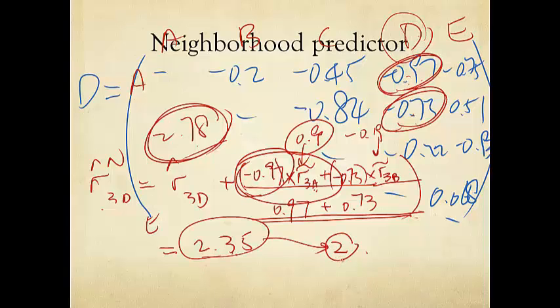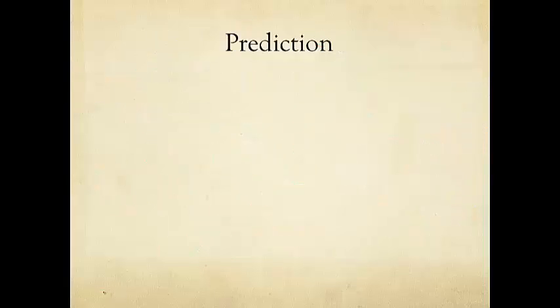If you compute the squared error between 2 and 2.78, you see that's much bigger than that between 2 and 2.35. So now we can compute this for all of the 10 items that we want to predict, and it turns out that we get a much better improved performance.